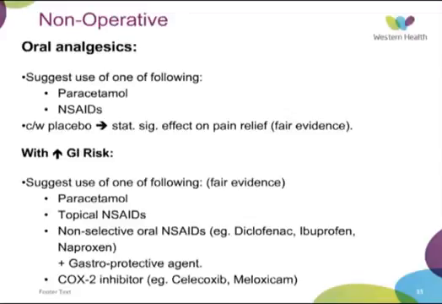Oral analgesics, looking at paracetamol and non-steroidal anti-inflammatories. There was fair evidence suggesting that it does make a difference. Patients with increased GI risks had the option to use topical NSAIDs or NSAIDs with a gastroprotective agent or COX-2 inhibitors.